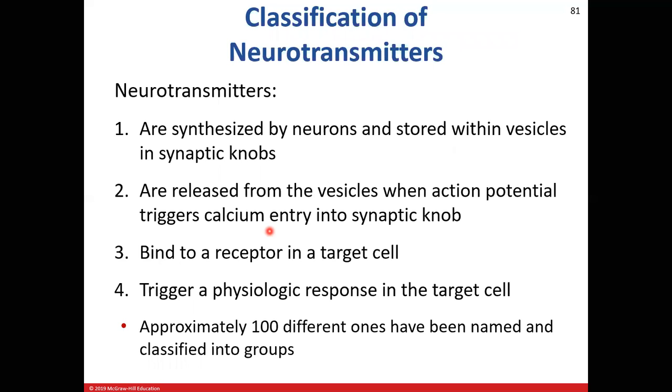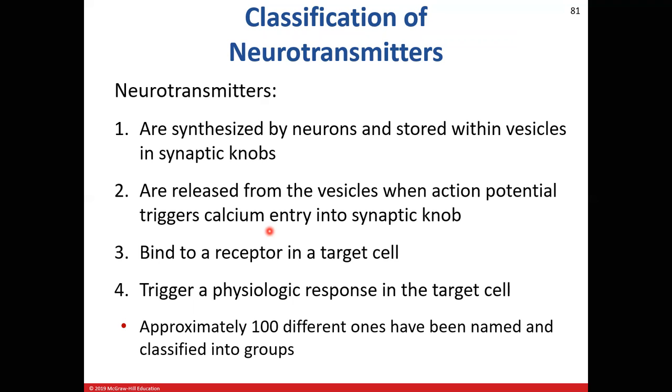And those are probably the two most common types that we will really discuss. Our neurotransmitters are released from the vesicles when the action potential triggers calcium entry into the synaptic knob, and it binds to a receptor on the target cell. This binding then triggers a physiologic response of the target cells.